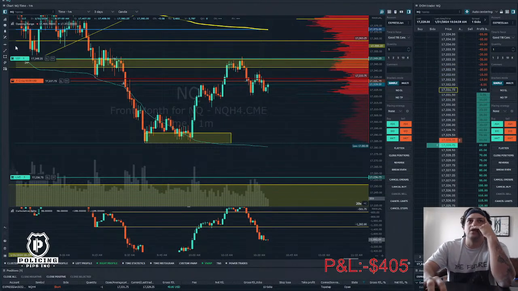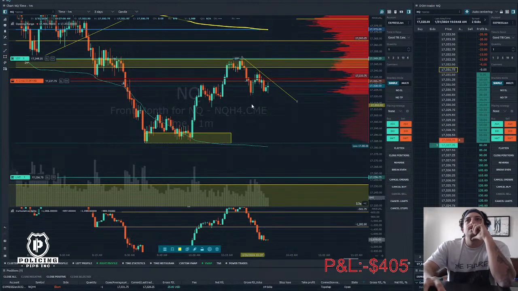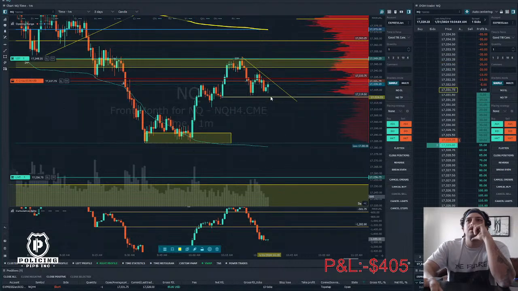The only thing that we have starting to form here is a little bit of the wedge triangle thing. So be careful of that too. But the bottom end of this here should crack, right? You want this to break this low here.